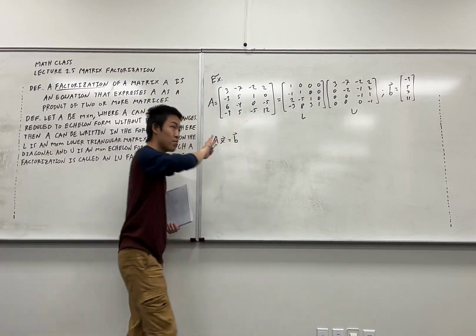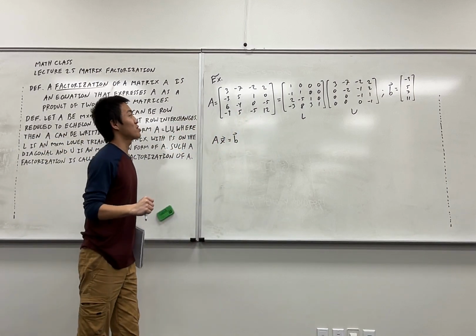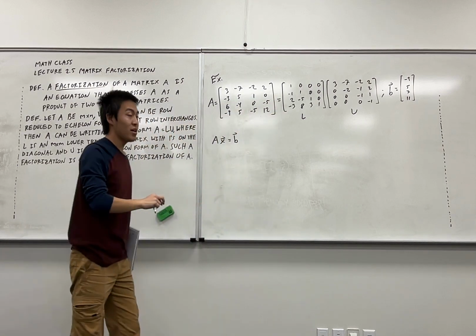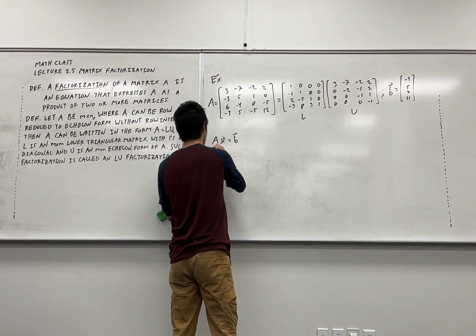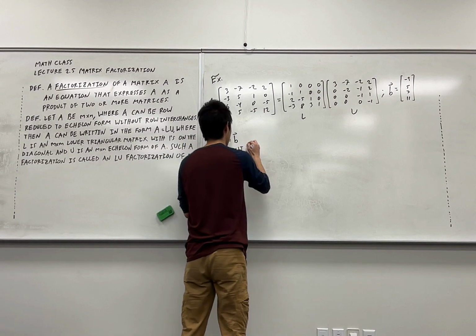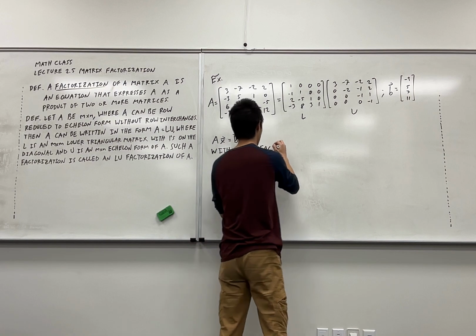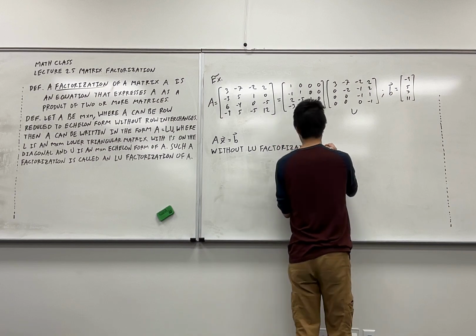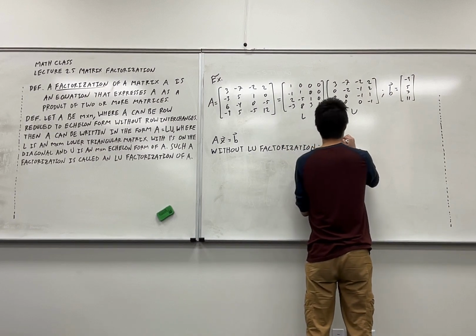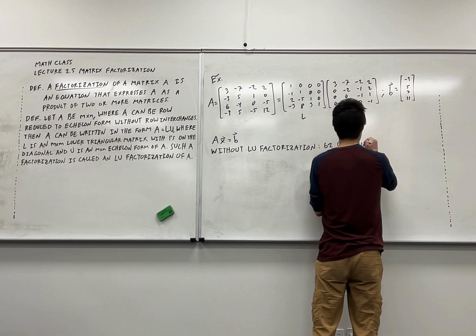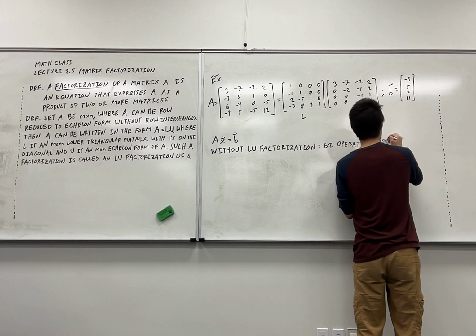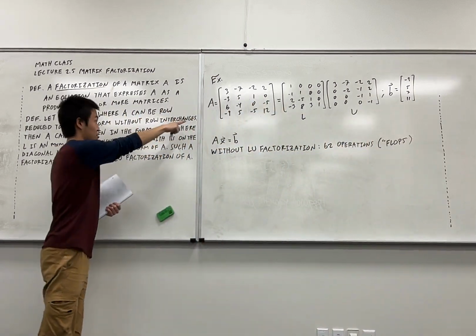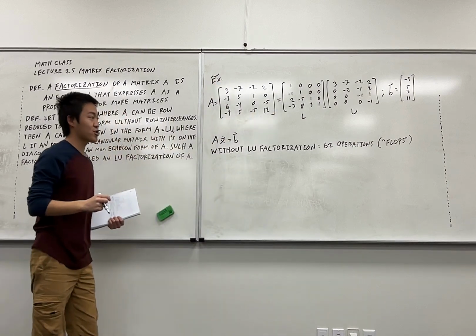If I just decided to go with my trusty, will-always-work augmented matrix system, where I append the b to the end of the A and go through the whole row reduction algorithm without the LU factorization, brute force as we did from the beginning of class, it's going to take 62 operations. Computer people call these flops. So 62 flops to solve directly.